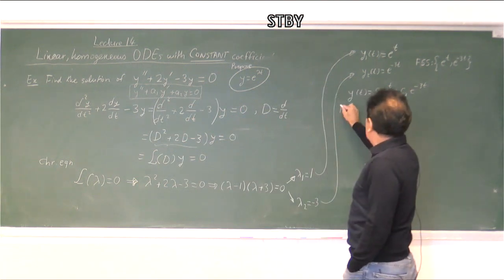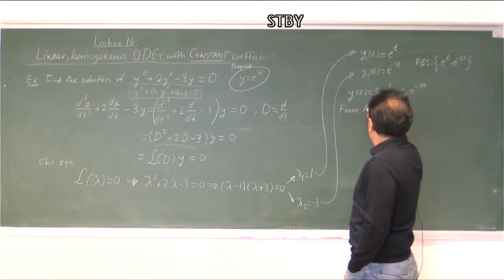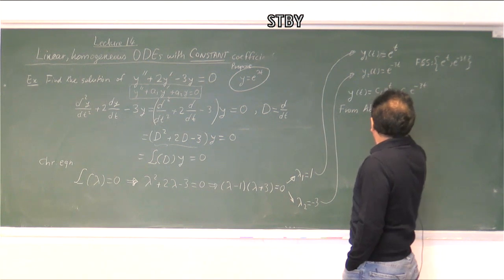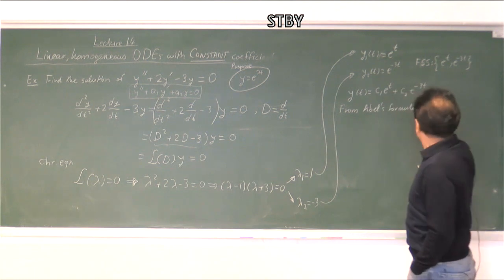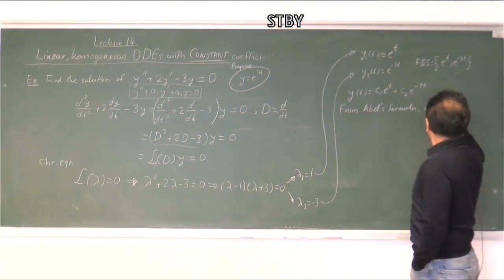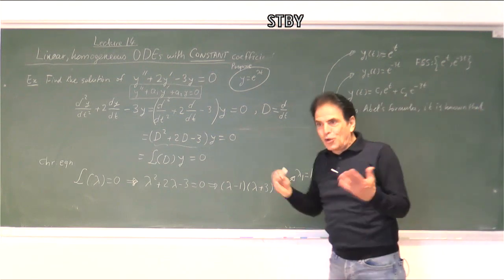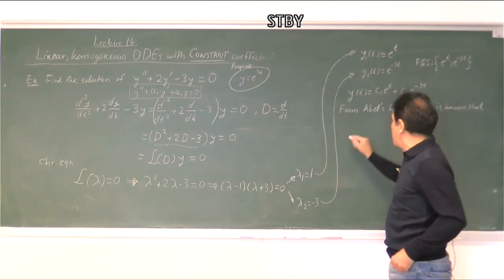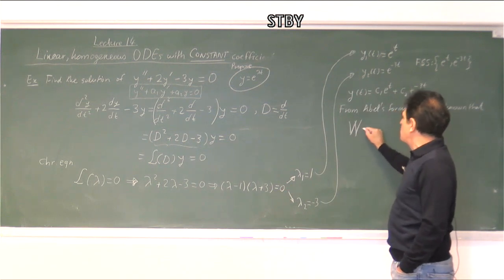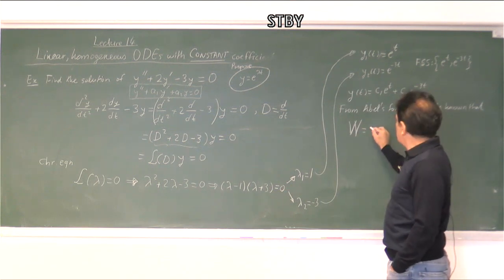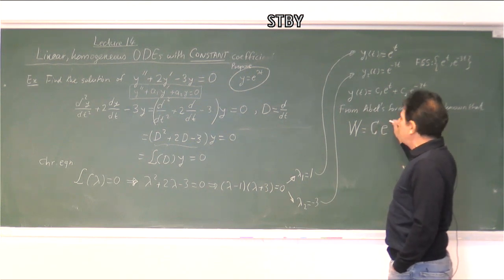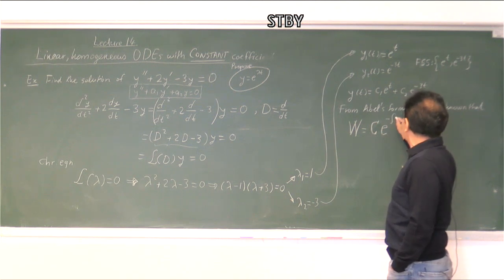And recall that from Abel's formula, it is known that the Wronski determinant of solutions should be of the form e to some constant, e to the power minus the integral of a1 dt.